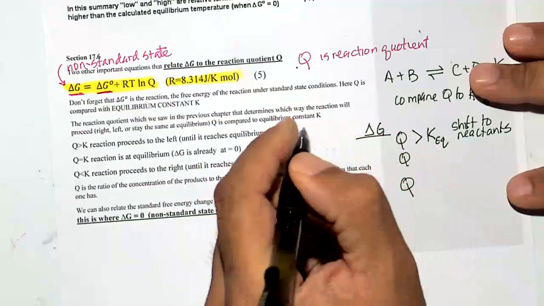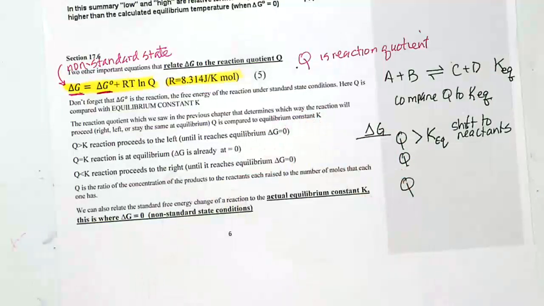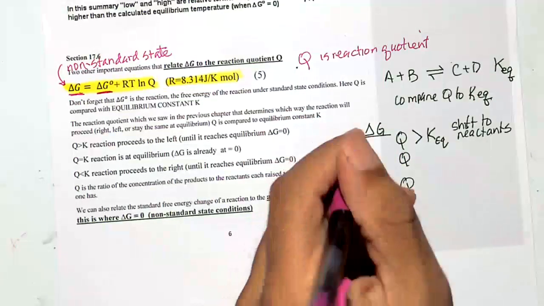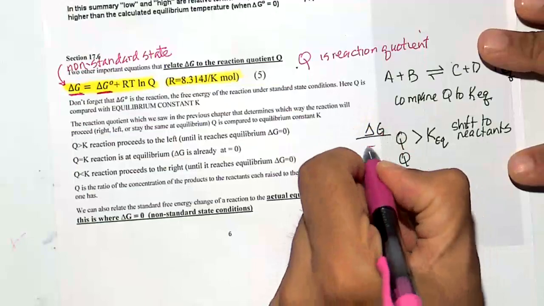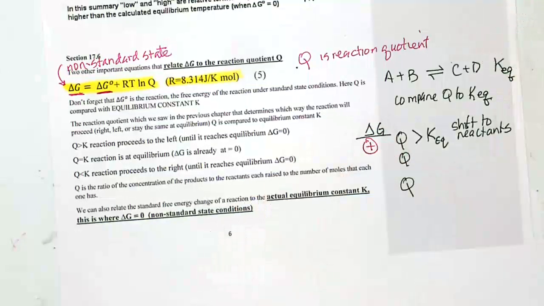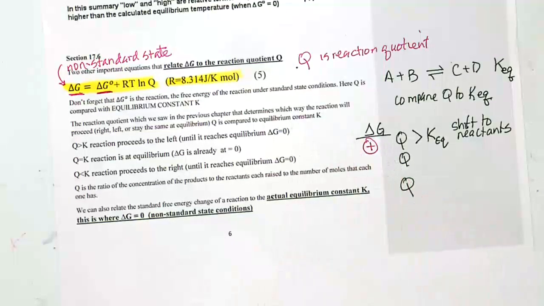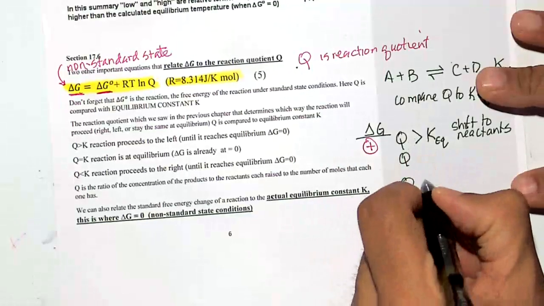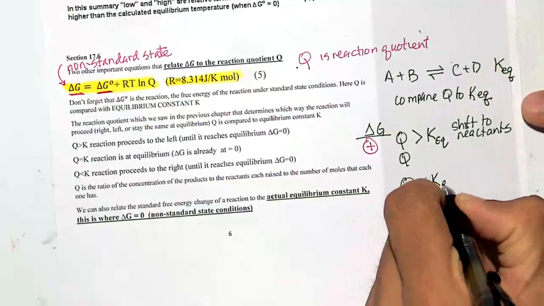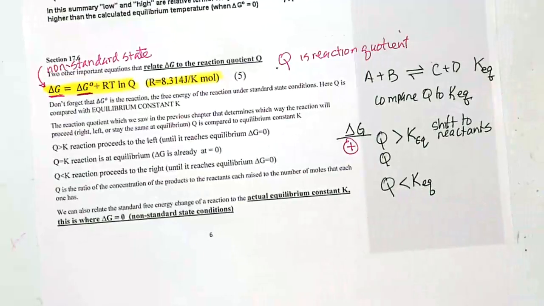Positive or negative? Exergonic or endergonic? What is the sign for an endergonic reaction, a reaction that doesn't go to product, stays in the reactant side? Positive.